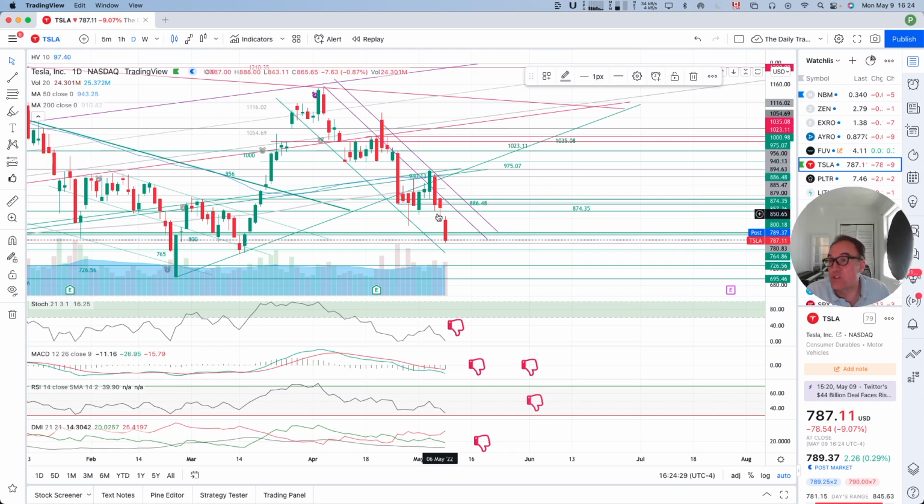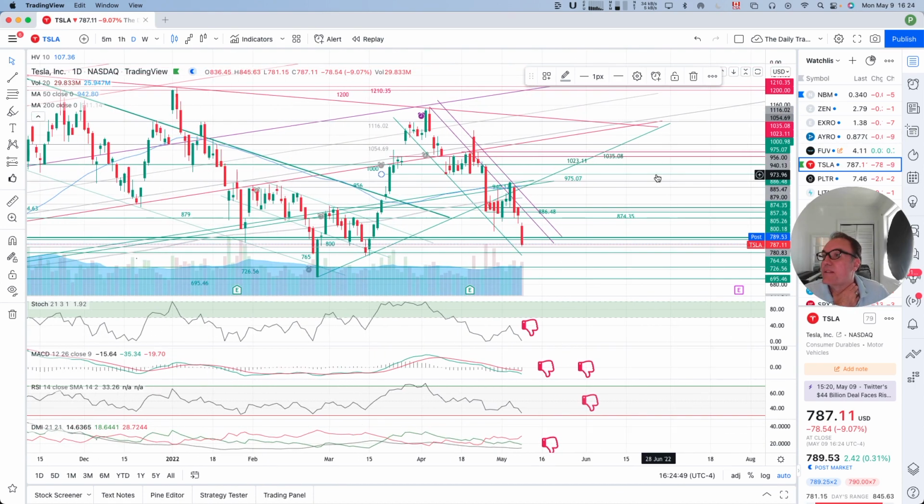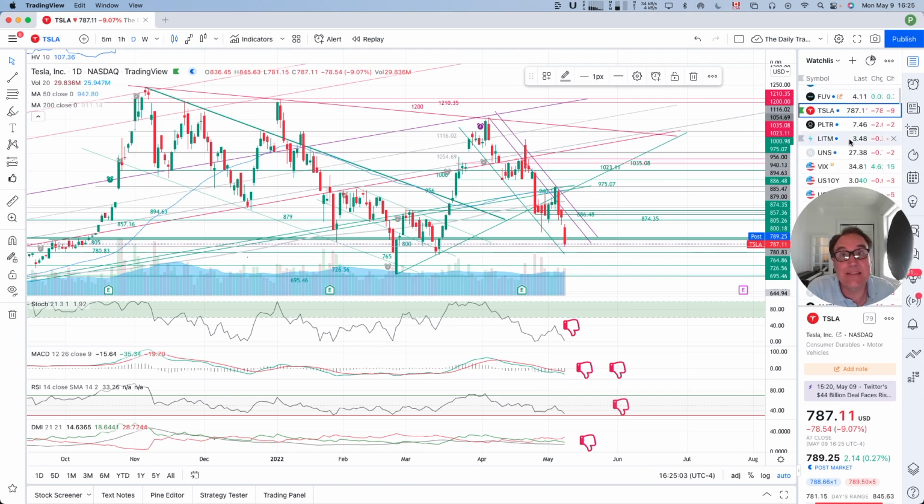The buyers just capitulated and the sellers just won over, and the stock has been hammered since last week again. RSI is super low and DMI is also super low. Wow. This is bad. This is bad because this is a great company, but the fundamentals of a company do not always dictate what a stock will be doing, and this is the perfect example right now.